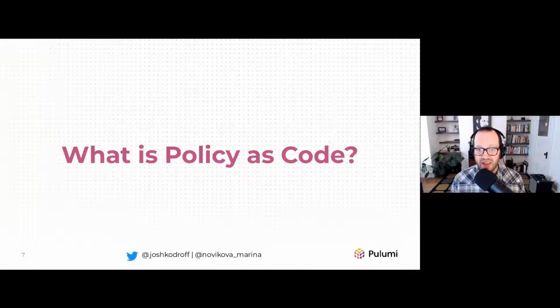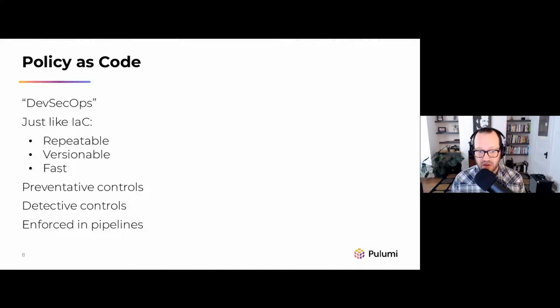So what is policy as code? Some of you may remember that at one point the term DevSecOps became really popular. If DevOps is largely about bringing software development techniques into the operations space, DevSecOps and policy as code extend that to security and compliance.